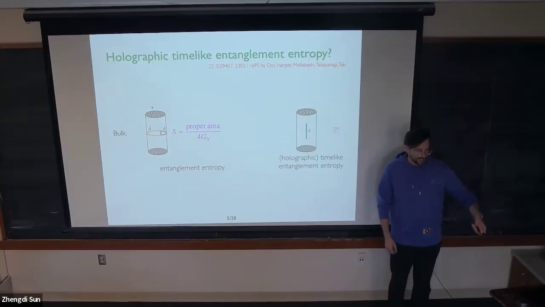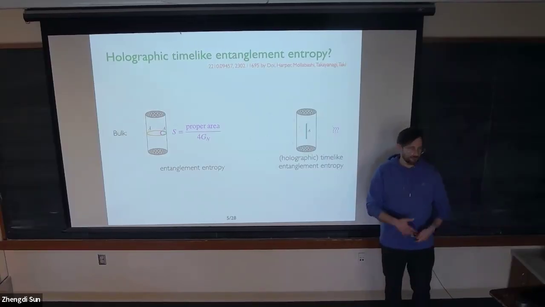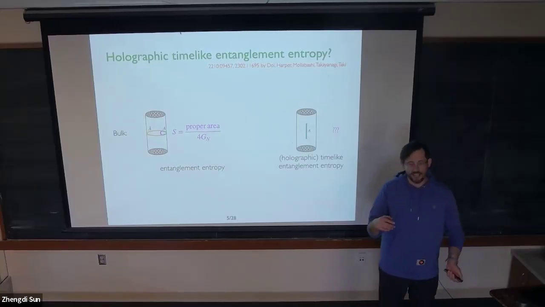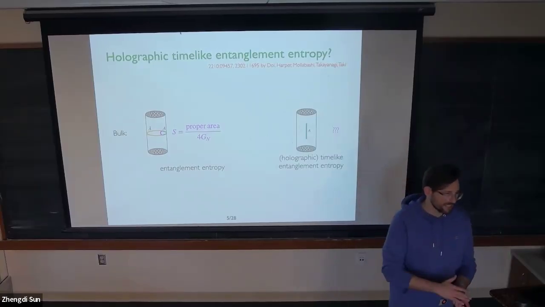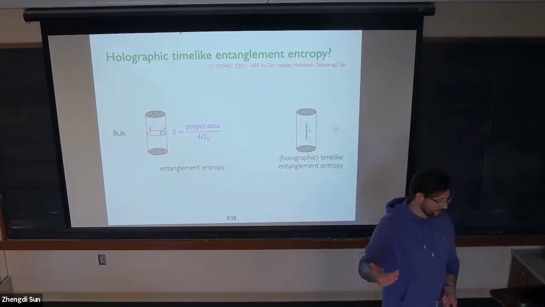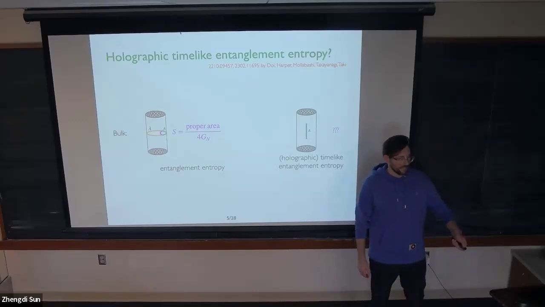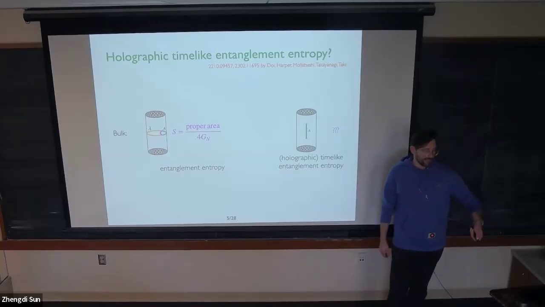Now, the picture that we're going to have for this new quantity is that we again have an AdS solution. It can be empty AdS, it can be a black hole in AdS, it can be some excited state in AdS that evolves in time in a non-trivial manner. And then the subregion that we're going to pick is the one that extends in time.